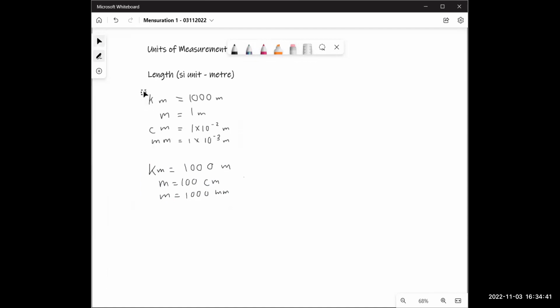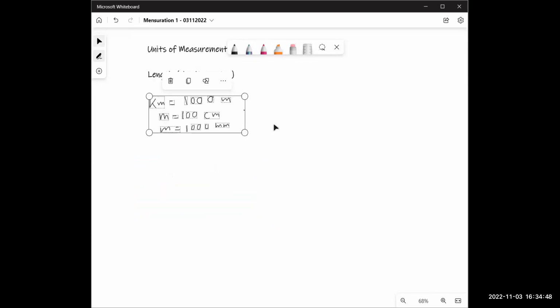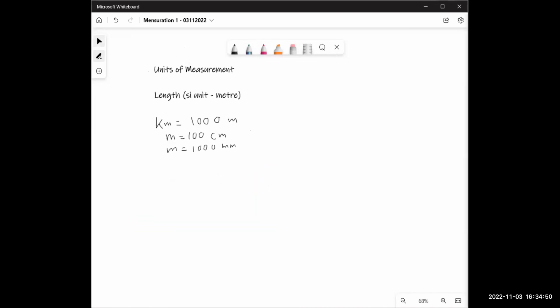Or you know what? Let's remove this from here. Keep this only to make things simple for you. Now the first one which I gave you will be used in physics. So you have to be clear with that. Perhaps we'll go into physics.